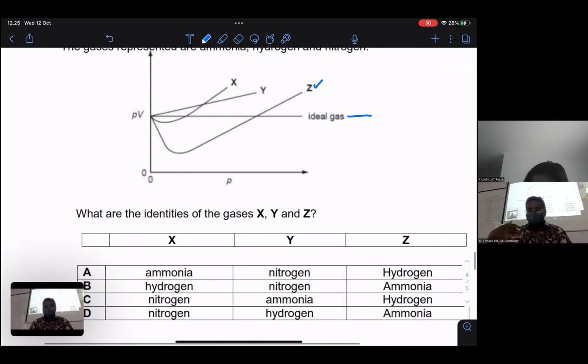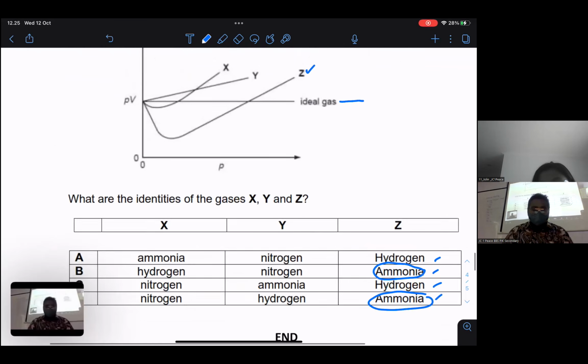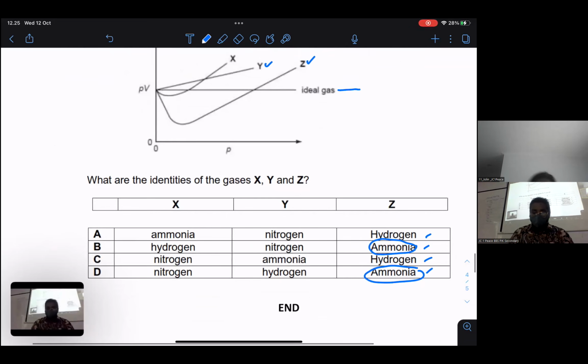If Z deviates the most, it must have the most intermolecular forces of attraction. You can see hydrogen, ammonia. Ammonia should be the answer because ammonia can have hydrogen bonding. The one that deviates the least is the one that does not have a lot of intermolecular forces.